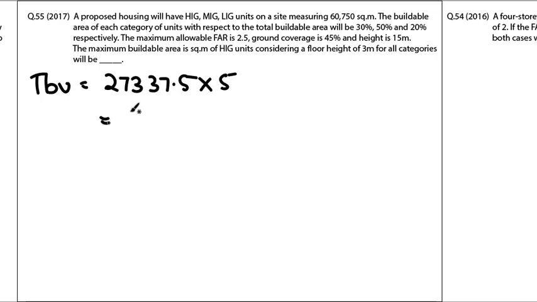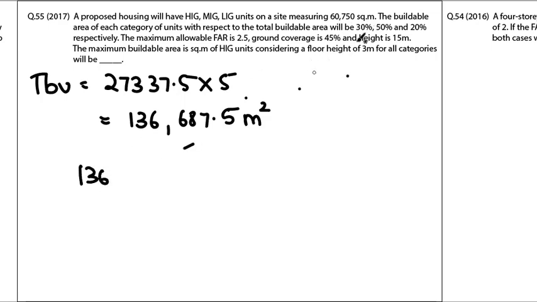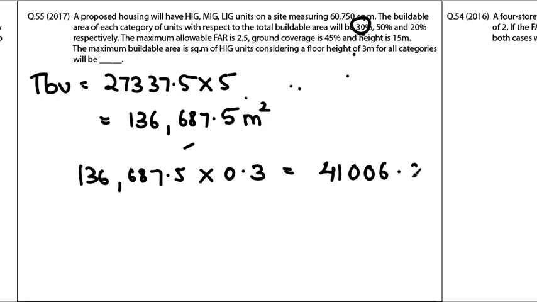So this total area will be 136,687.5 meter square, right? Now HIG units is 30% of this value. Total build up area for HIG units is 30%. So 136,687.5 into 0.3, which will give me 41,006.25 meter square. Okay, this is the answer.